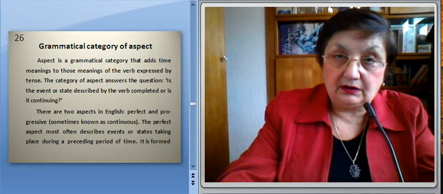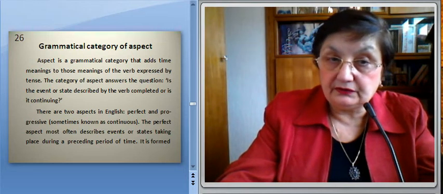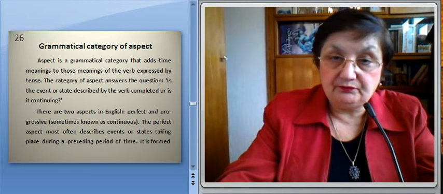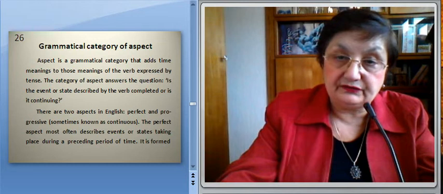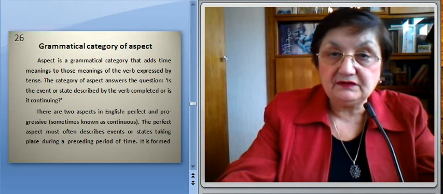The perfect aspect most often describes events or states taking place during a preceding period of time, and it is formed analytically with the help of the auxiliary have plus the past participle of the main verb.